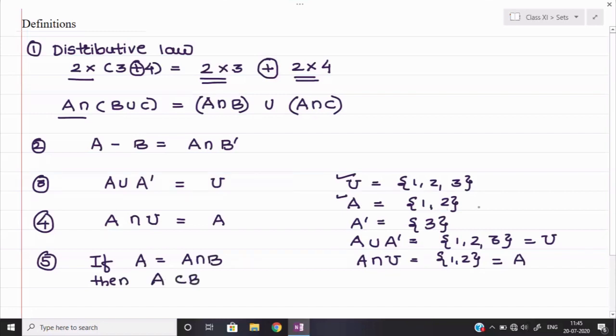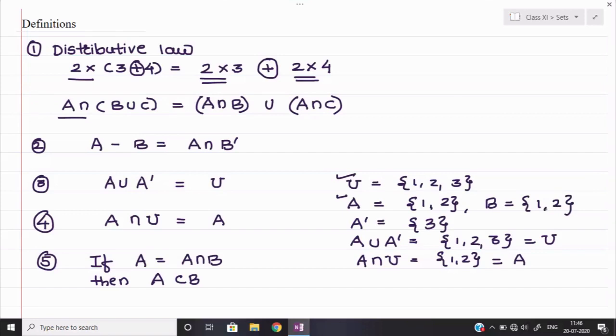Suppose I take one example, B is equal to 2. Let's see whether it works or not. A intersection B should come equal to A. So I need to take B is equal to 1, 2 only, then only their intersection will come equal to A, and then we can say that A will be a subset of B.